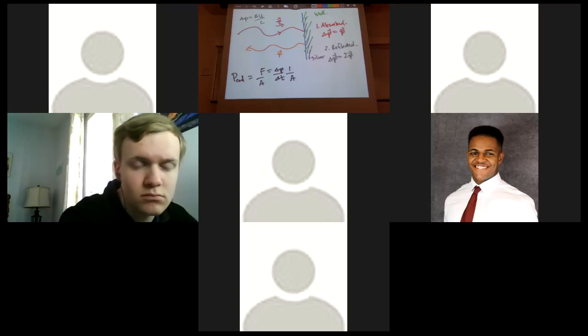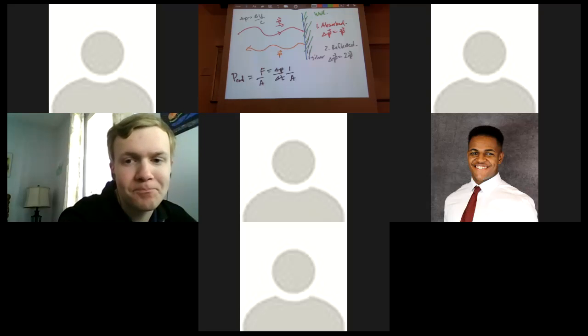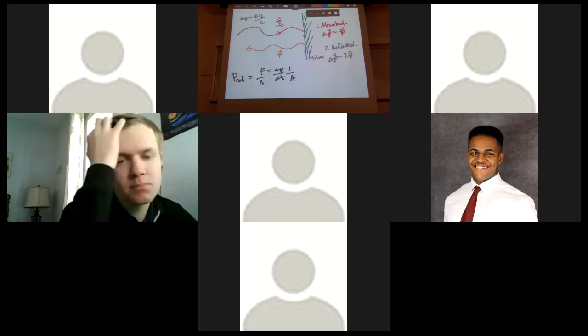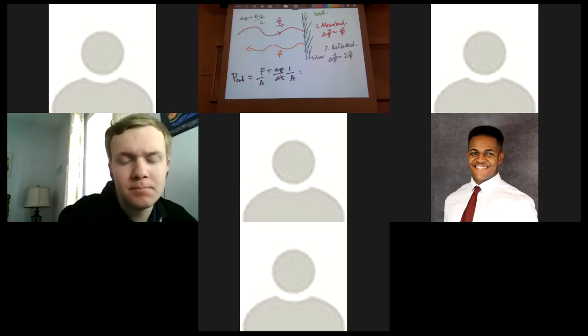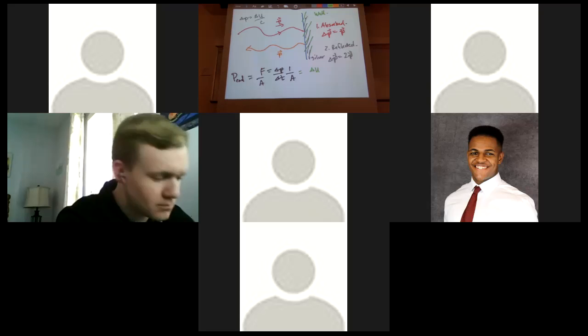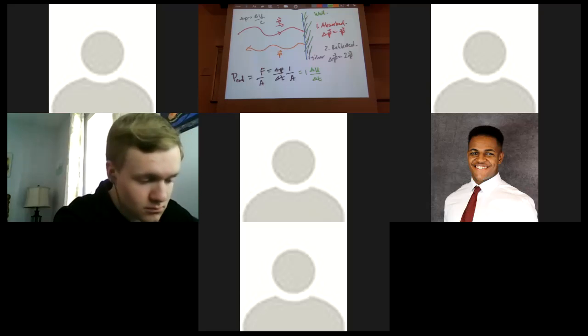That's a hard derivation to come up with. I'm not going to bother doing that. Just take my word for it for now. Okay. So that means I can rewrite this as the change in energy divided by the change in time times 1 over the area times 1 over the speed of light.